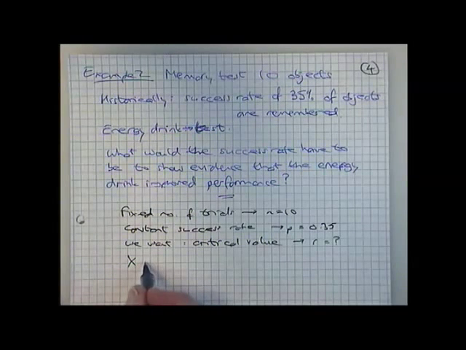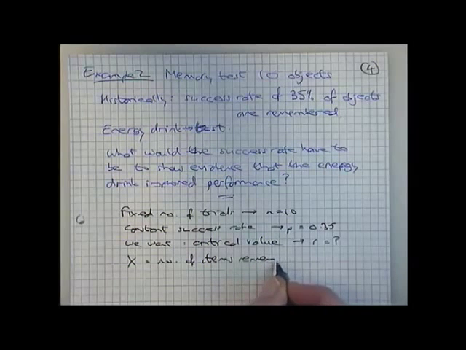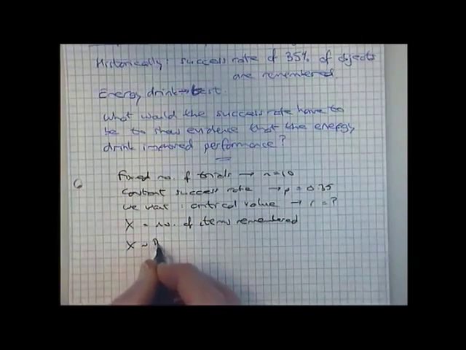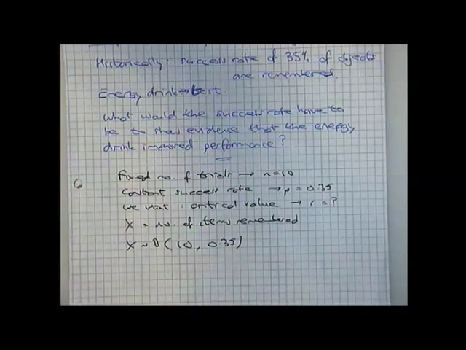So we'll say X is the number of items remembered, and X is binomial 10, 0.35.